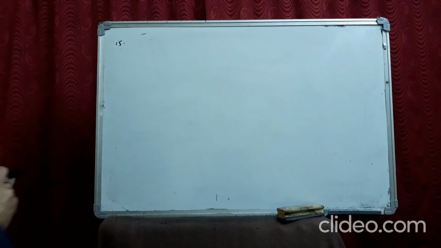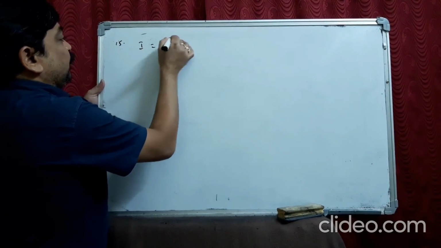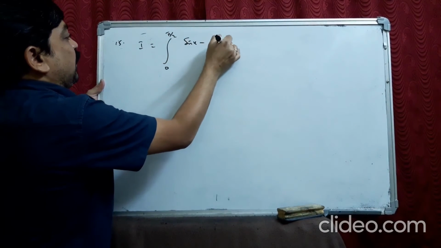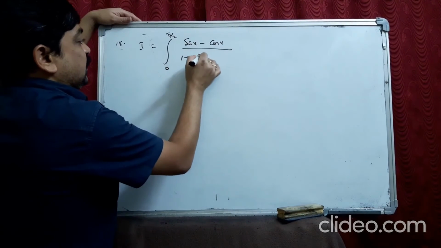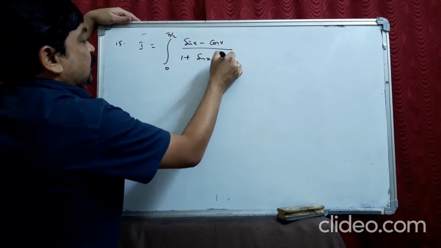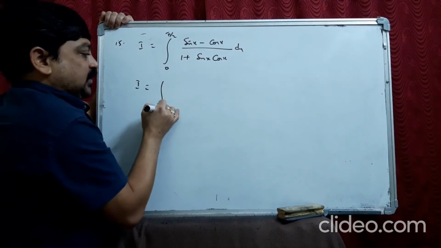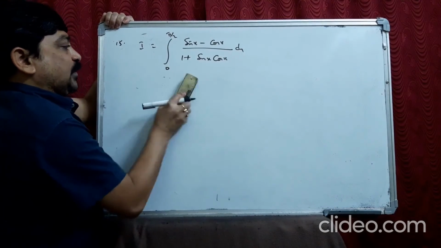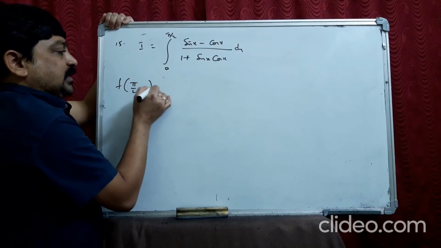See the 15th question. I is equal to 0 to pi by 2, sin x minus cos x by 1 plus sin x cos x dx. Now let us apply the property of f of a plus b minus x. Pi by 2 minus x.